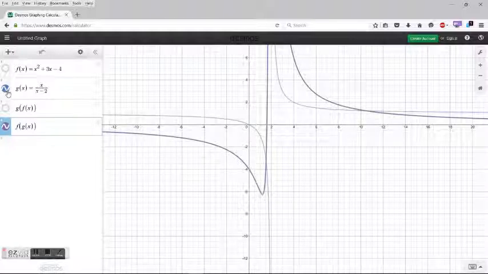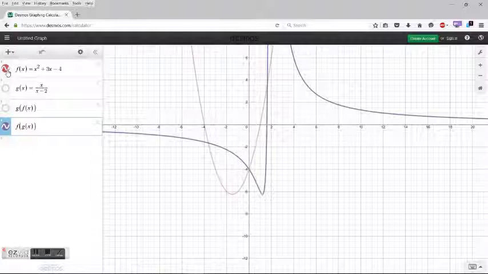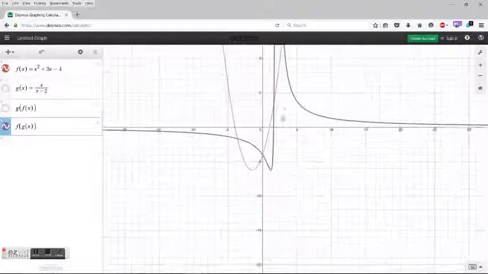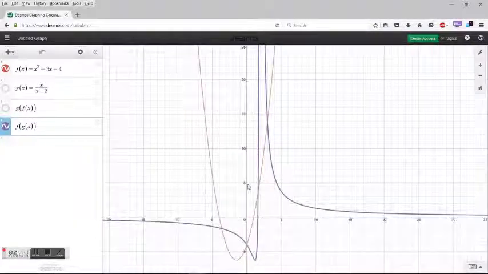So that's not a 0 for g of x, but it's not really a 0 for the other items either. So you have to be careful. We do have some nice intersection points that show a little bit of information, but you cannot make general ideas stick just by looking at it.